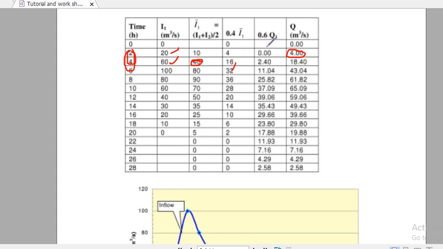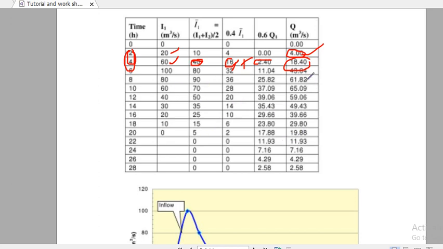And also 0.6 times q, it is 40, not 4, then 2.4. So sum up these two values, 16 plus 2.4, then we can get 18.4. The remaining can be calculated in this manner.